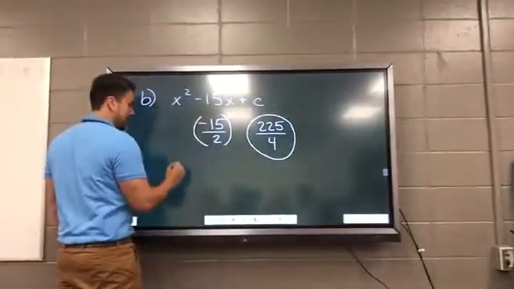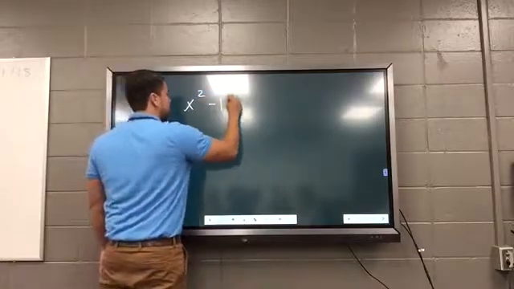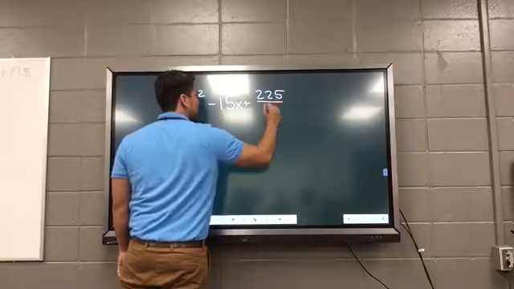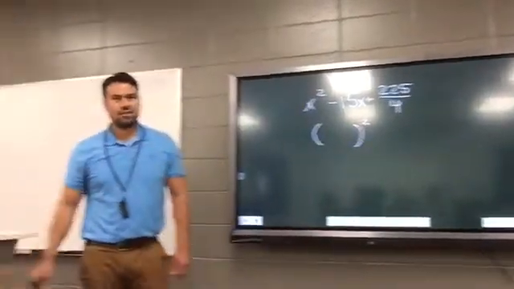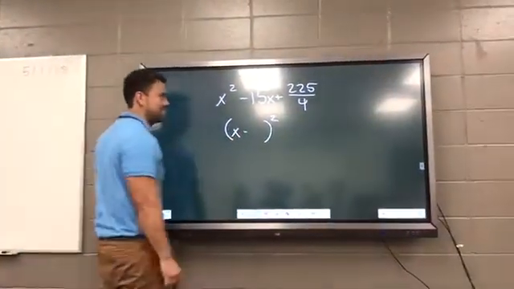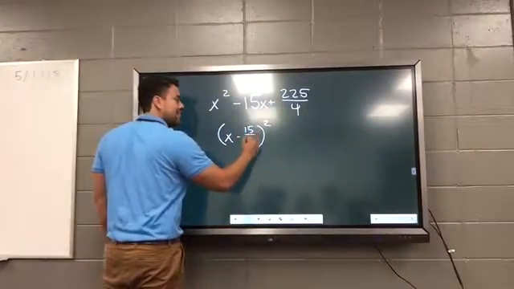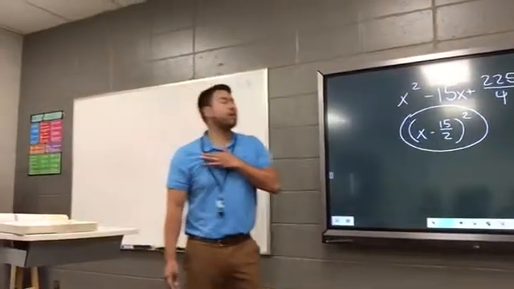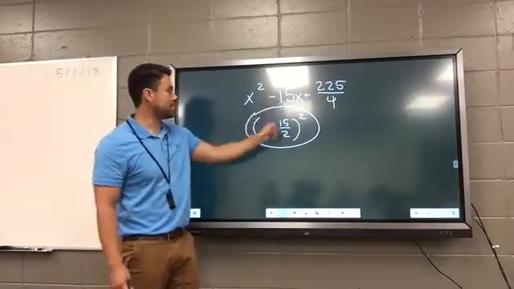Can somebody do this for me? Factor that out. Now, where am I getting the 15 halves? It's the square root of that, and it's negative because that middle term was negative.